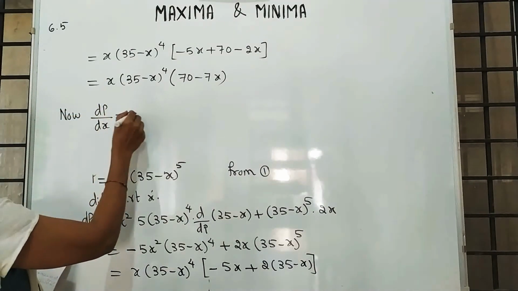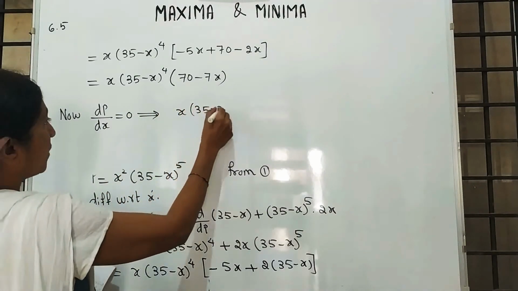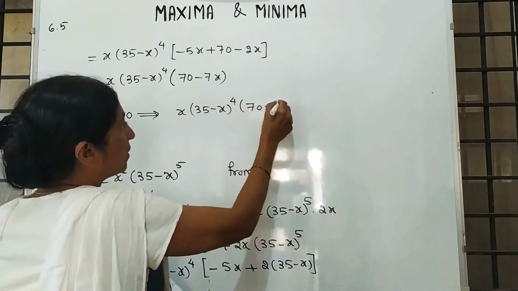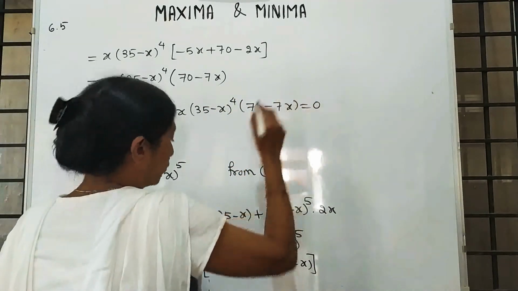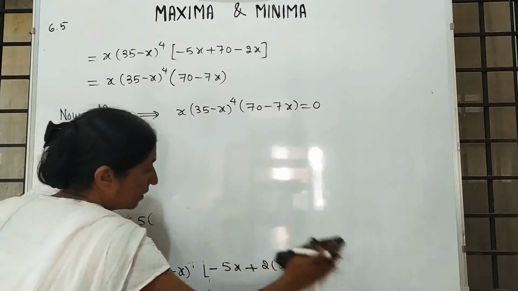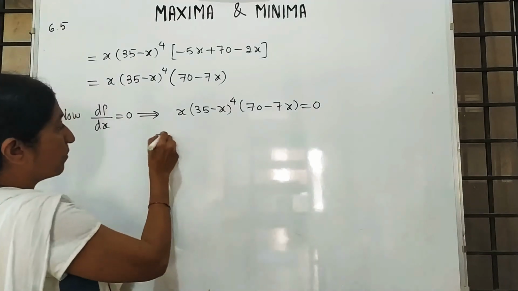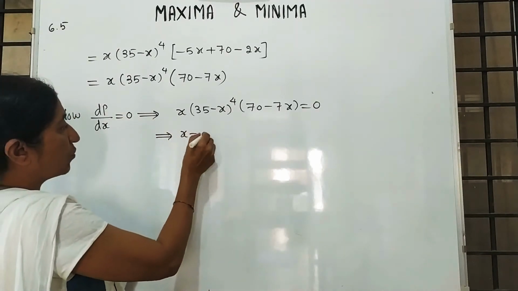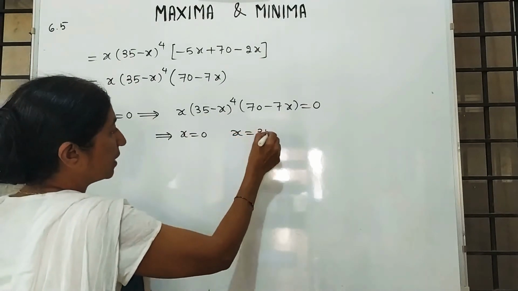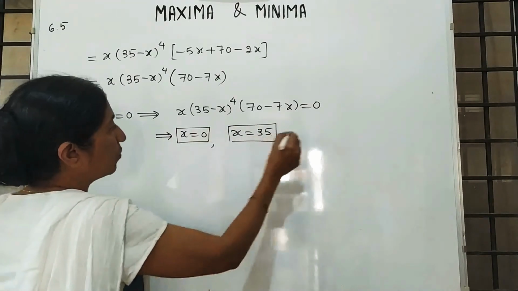dp upon dx is equal to 0 implies x into 35 minus x raised to 4 into 70 minus 7x is equal to 0. We have 3 terms. Simplify: this implies either x is equal to 0, or taking this bracket, x is equal to 35, and the next one x is equal to 10.